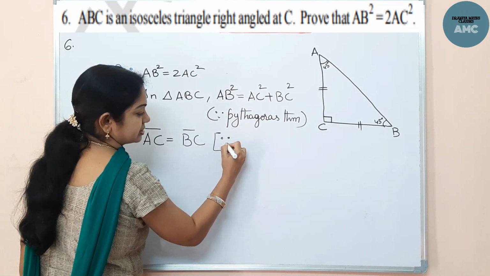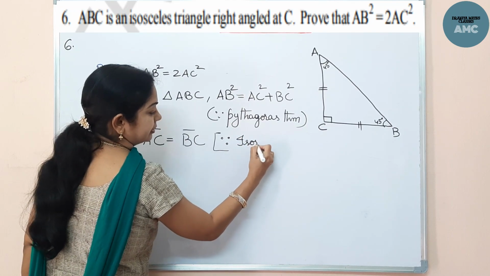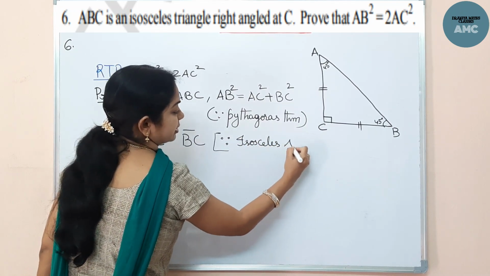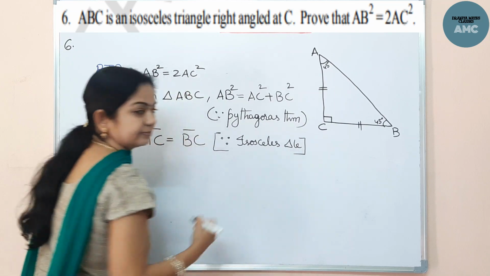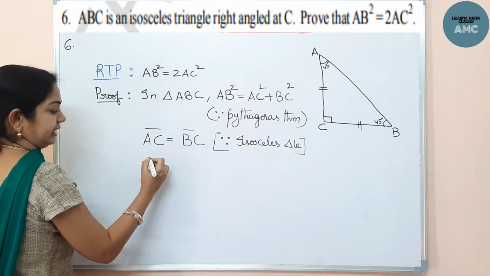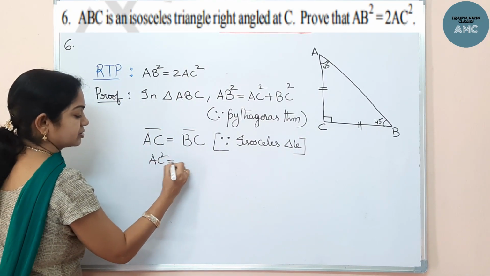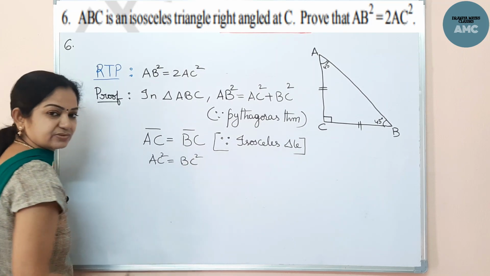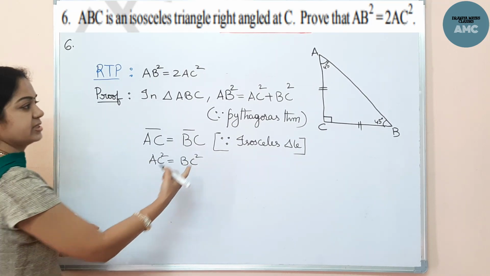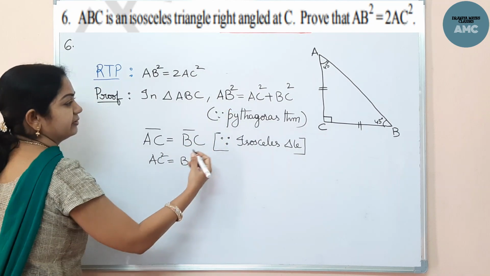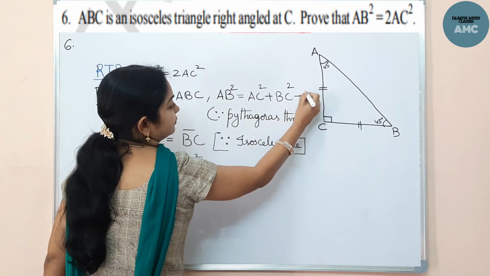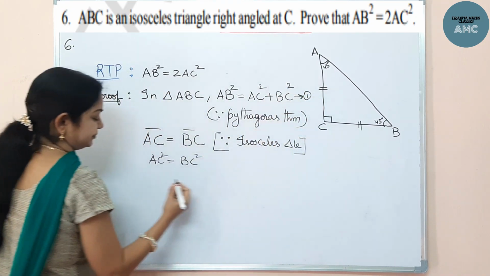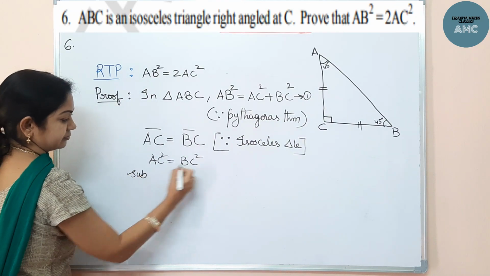Write that isosceles triangle. Now that means, squaring both sides, AC square is equal to BC square. Now I'll apply that here in equation 1.